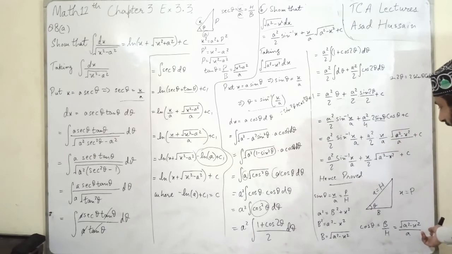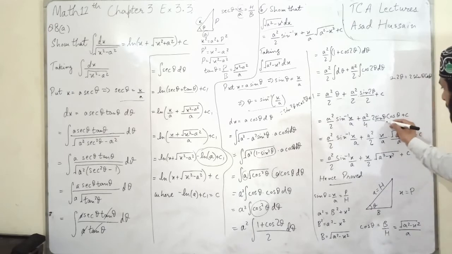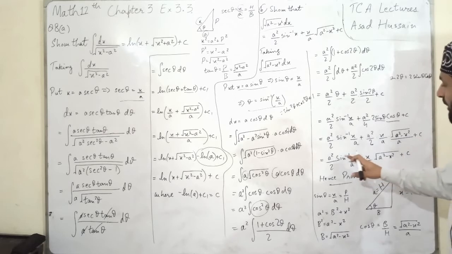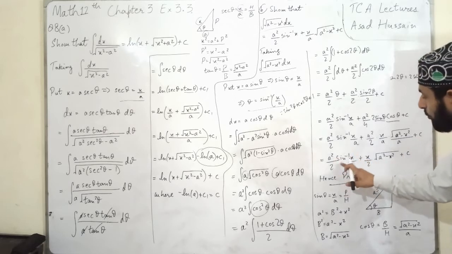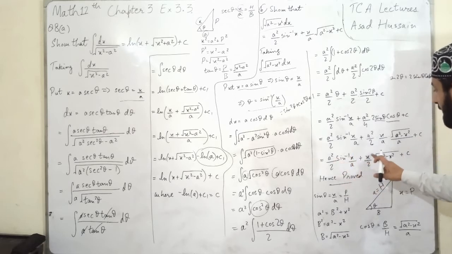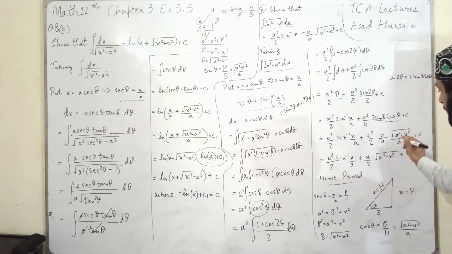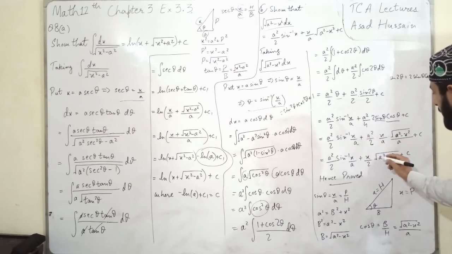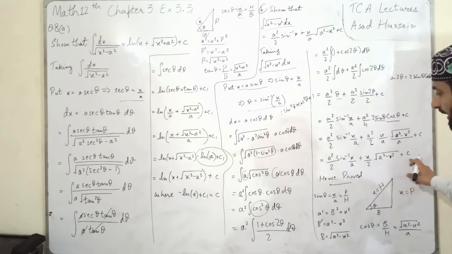Now using this value of cos and putting it here, this equation becomes x/a · √(a² − x²)/a plus c, which can be further simplified as a²/2 sin inverse x over a plus x/2, this a and this a will be cancelled by this a², so x/2 into √(a² − x²) plus c. Hence proved.